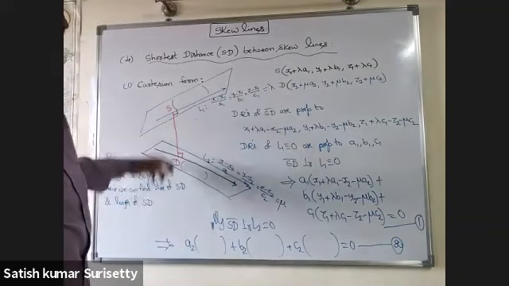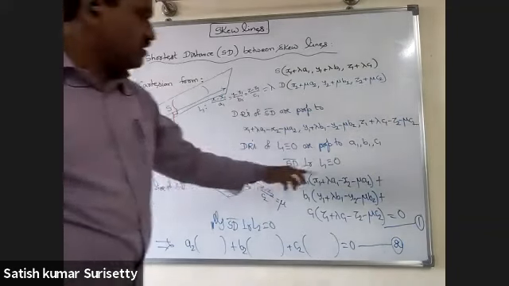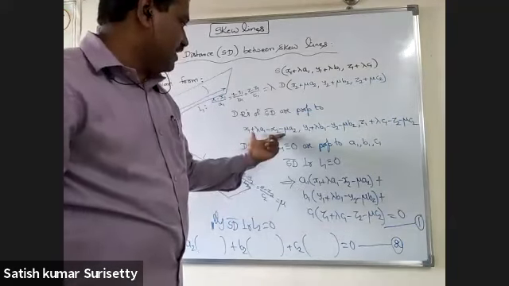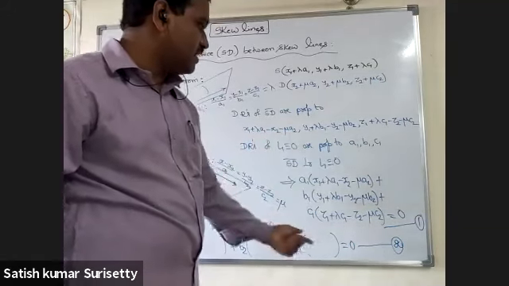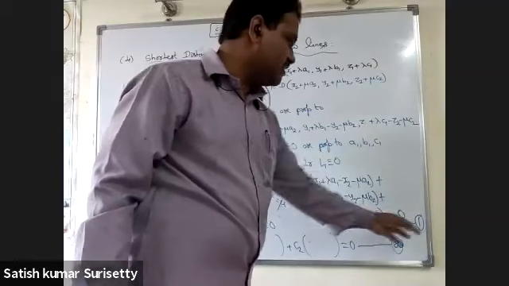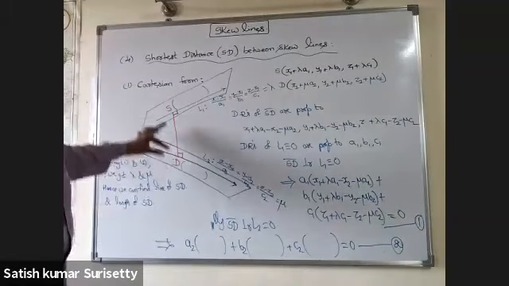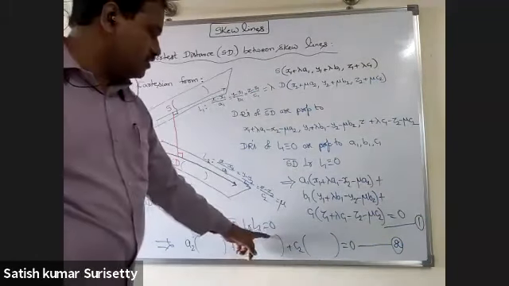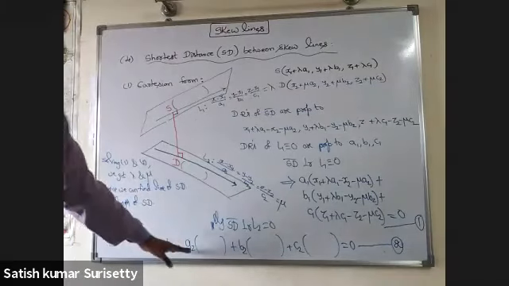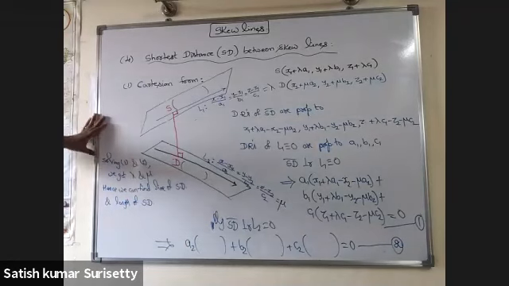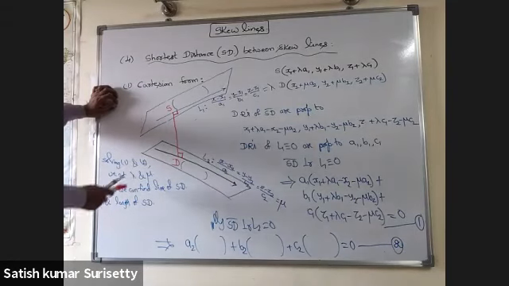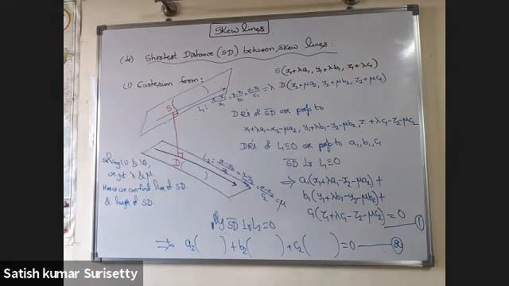Because SD bar is perpendicular to L1, a1 into (x1 plus lambda a1 minus x2 minus mu a2) plus b1 into this plus c1 into this equals 0, say equation 1. Similarly, SD bar is perpendicular to L2, hence we get another equation in terms of lambda and mu. By solving the equations, we can find lambda and mu, and then the line of shortest distance as well as its length.